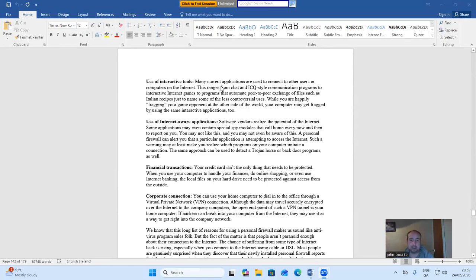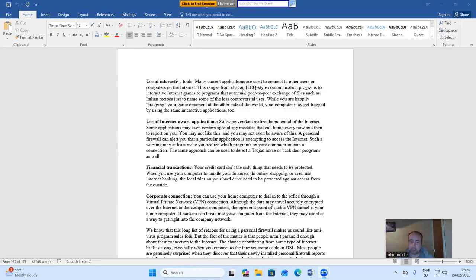Use of interactive tools. Many current applications are used to connect to other users or computers on the internet.